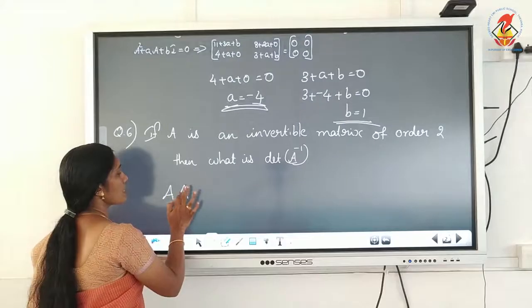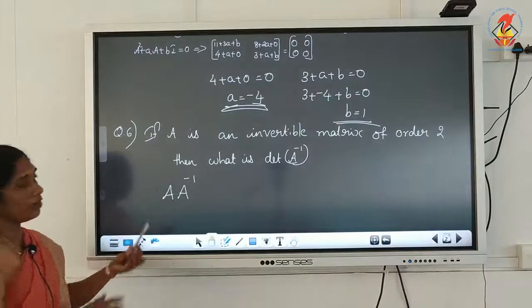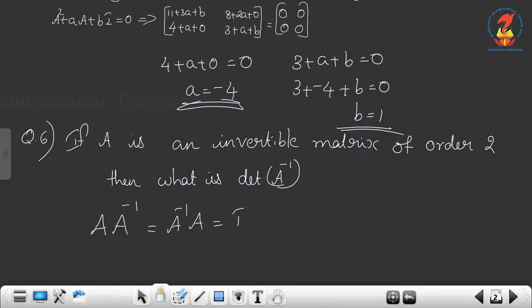Let A inverse be the inverse of A such that A into A inverse is equal to A inverse into A is equal to I, where I is an identity matrix. So we can take A into A inverse is equal to I.